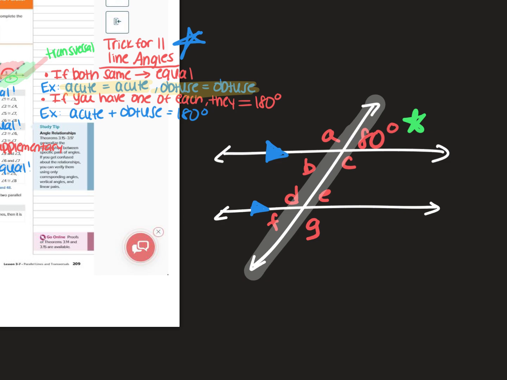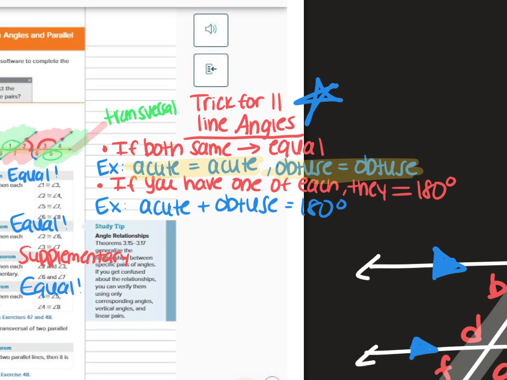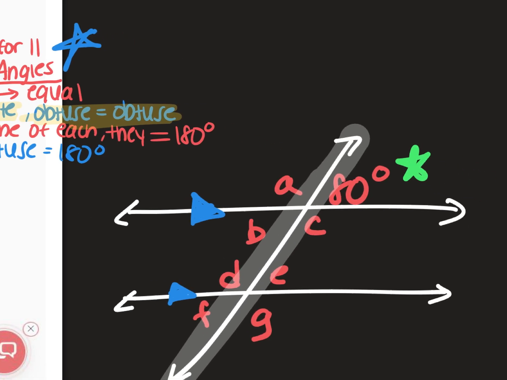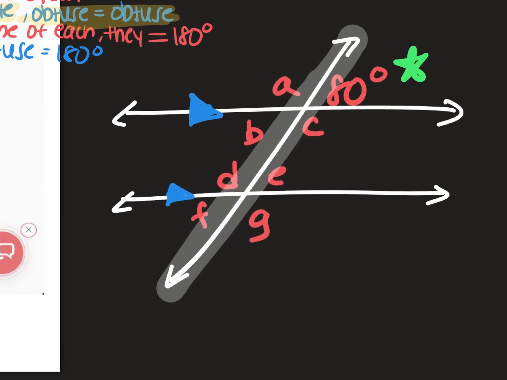So if I use my trick for the parallel lines, I know that all my acute angles are going to be the same and all my obtuse angles are going to be the same. If I look here, 80 degrees is an acute angle. So I'm going to go down the line here and find all my other acute angles, and those should also be 80 using that trick that I just showed you, okay?